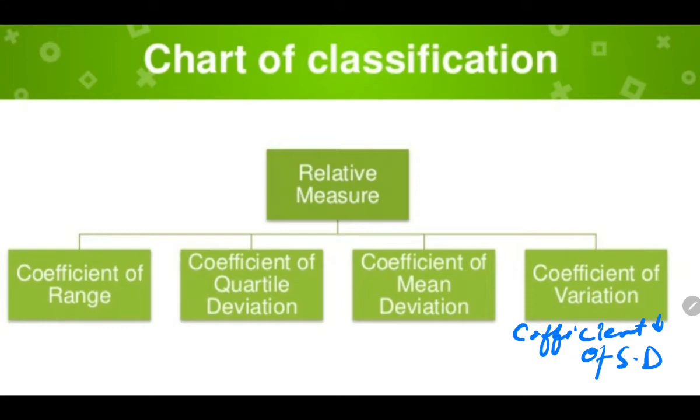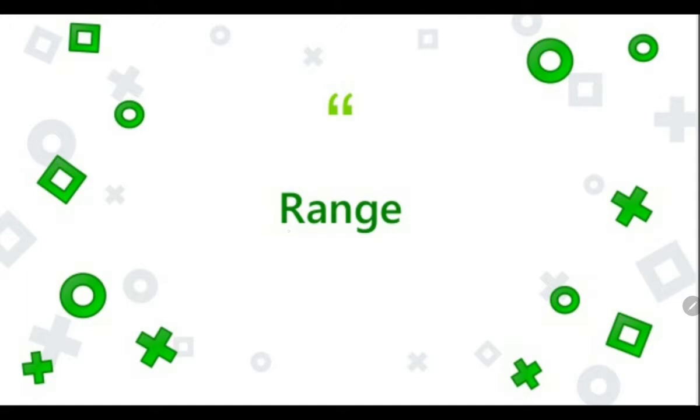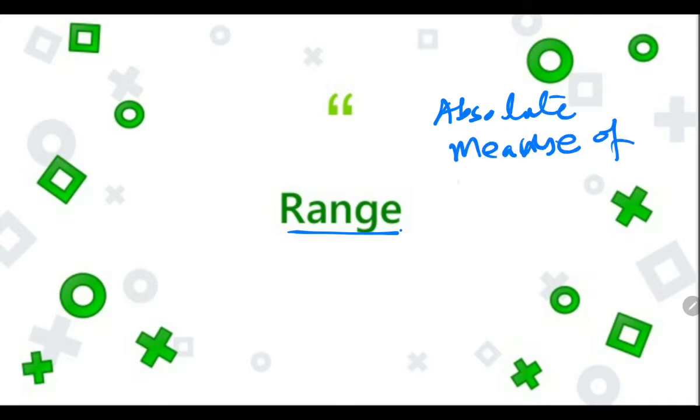These are the square and square root of each other. So we can say if we study the coefficient of variation, we automatically study the coefficient of standard deviation, because when we take the square root of variance, it becomes standard deviation, and if we take the square of standard deviation, it becomes the variance. And the first type of absolute measure of dispersion is range.